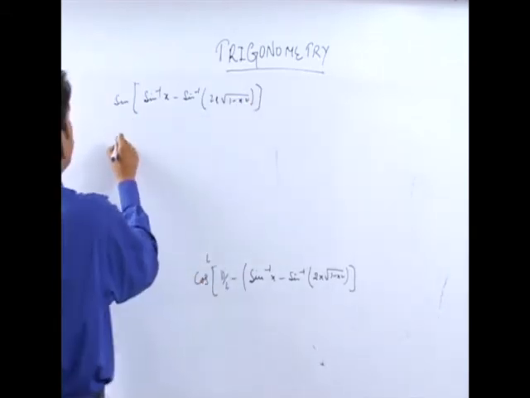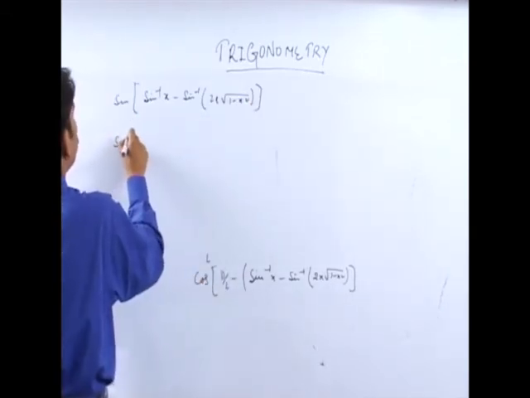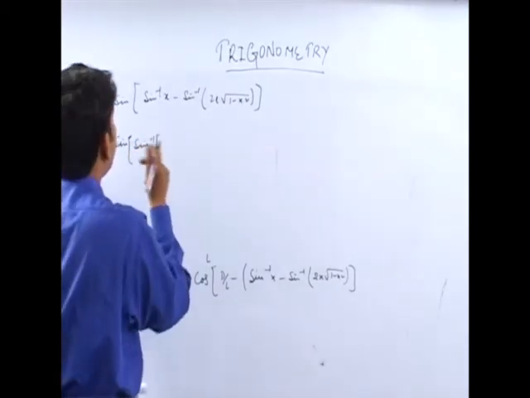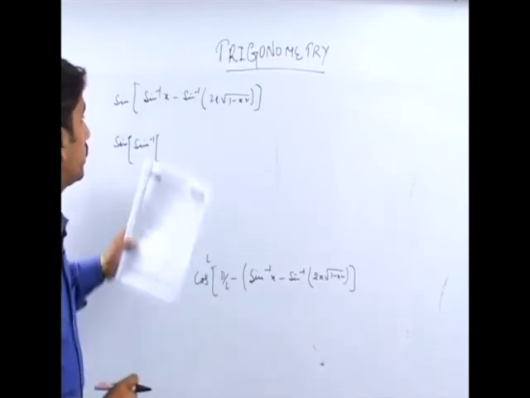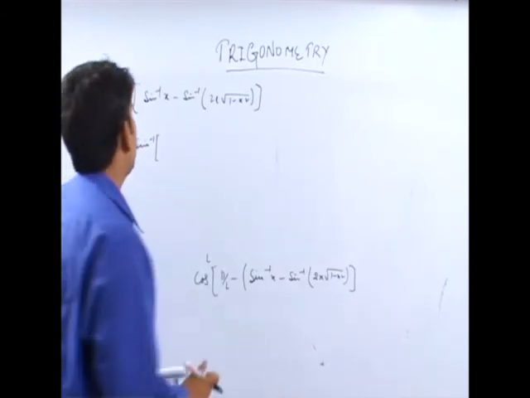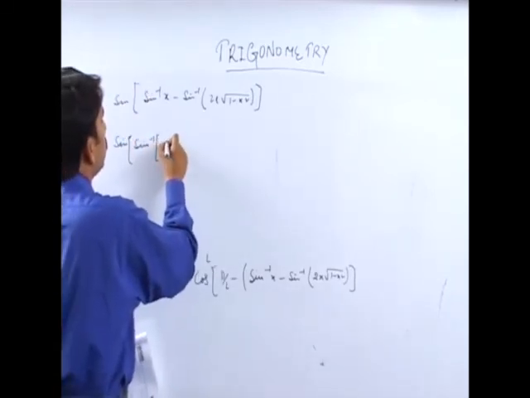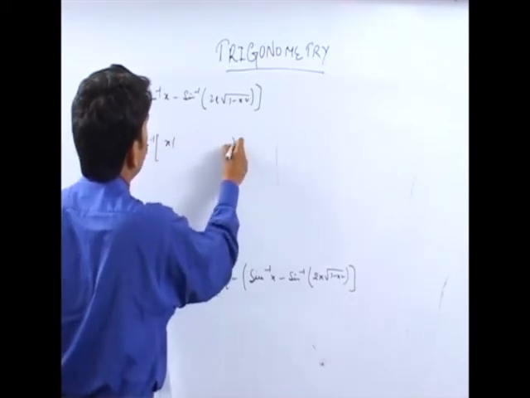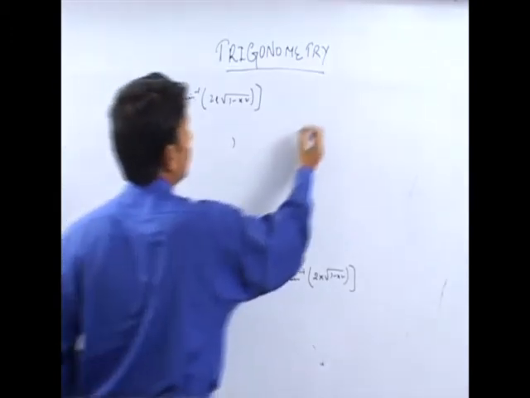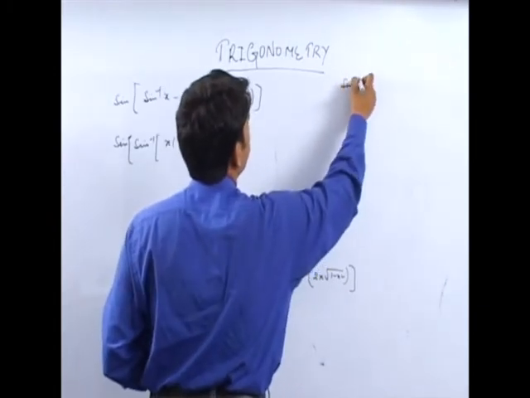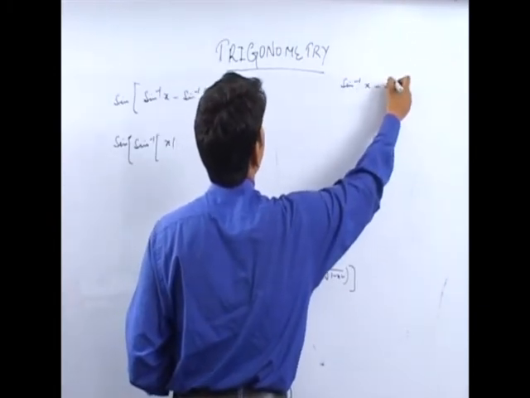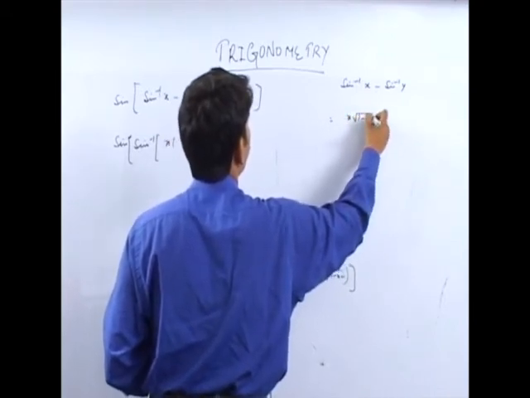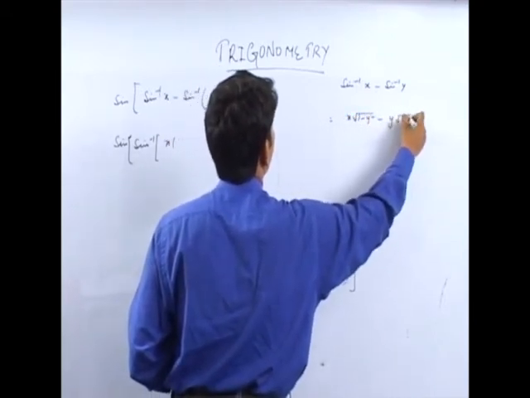Now this was sin inverse x minus sin inverse y, which is equal to sin inverse of (x under the root 1 minus y square minus y under the root 1 minus x square).